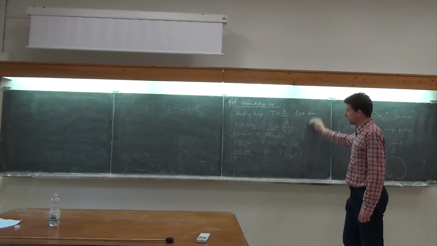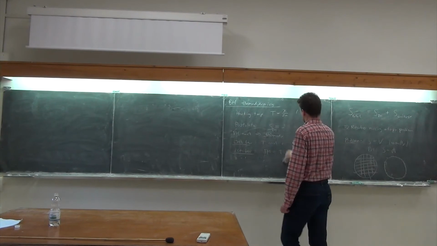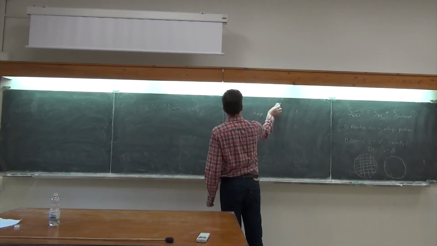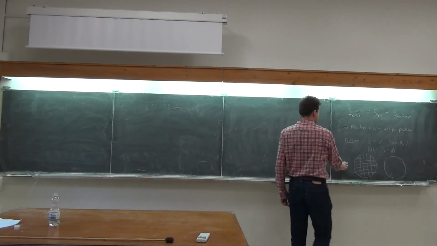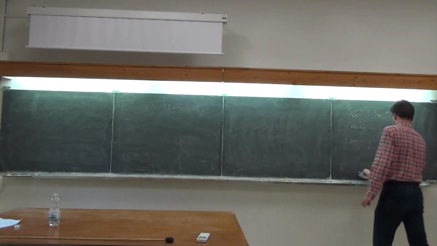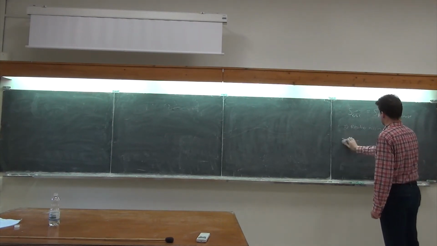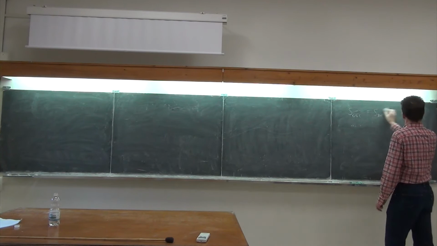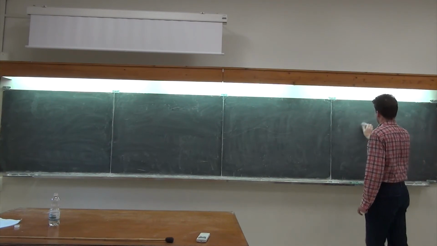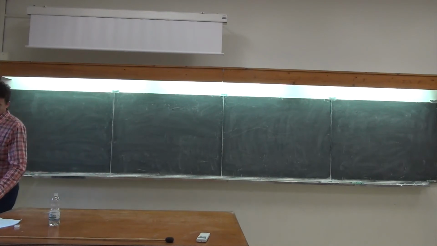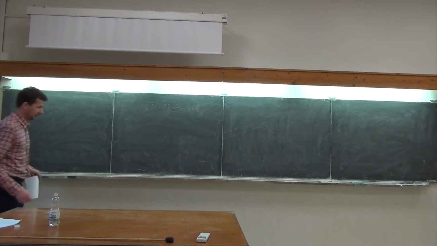So now I will actually go back to classical GR. So I leave quantum mechanics, because I will go in a different direction now, and this will take the rest of the lectures.